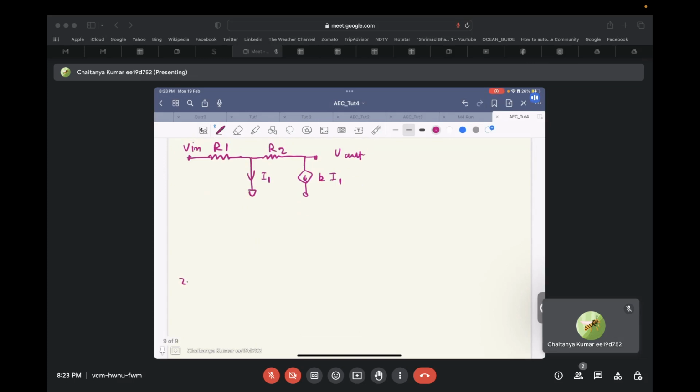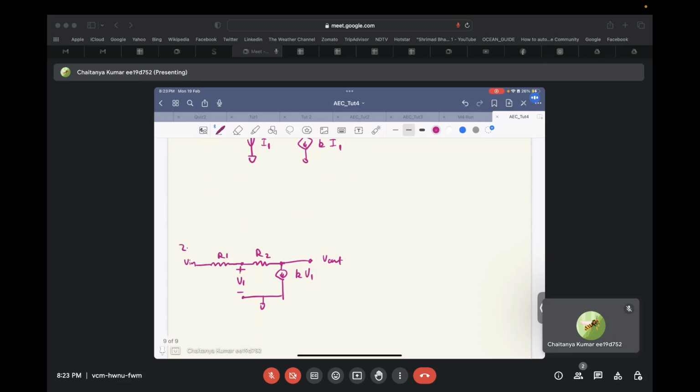The second circuit is V in, R1. There is some V1 over here, some K times V1, and we need to find the output voltage V out.